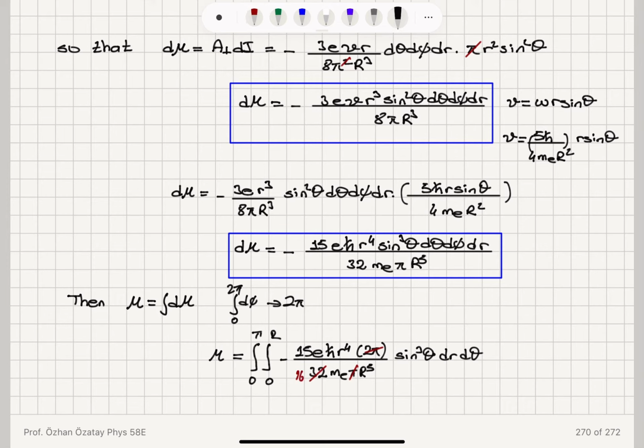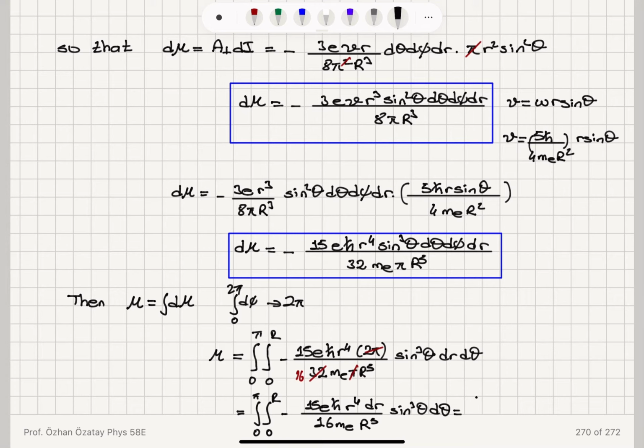So now my integral will become the integral from 0 to pi, the integral from 0 to capital R, of minus 15 e h bar r to the fourth power dr divided by 16 times the mass of the electron, capital R to the fifth power, and then I have sine cube theta d theta.